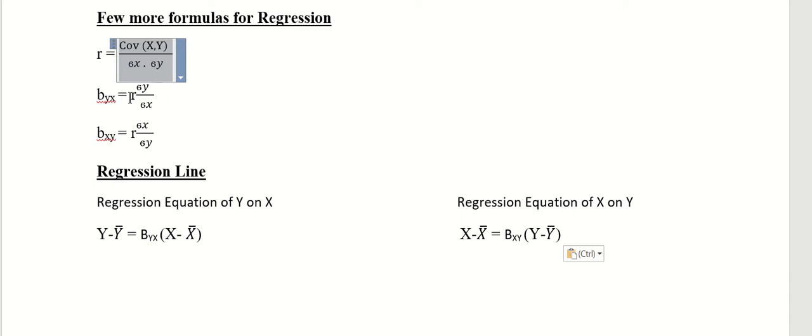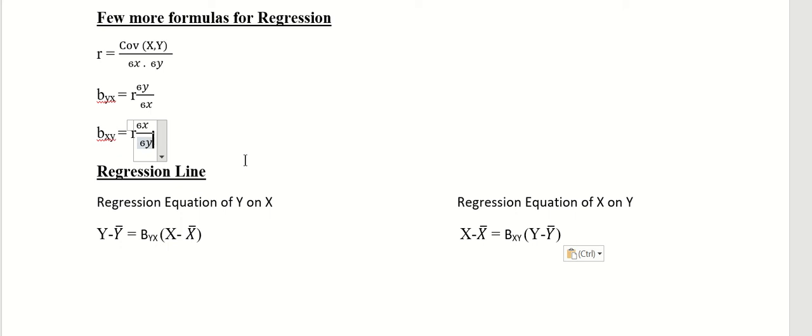R into standard deviation of y divided by standard deviation of x. This formula will get reversed if we want to calculate b x on y. When it is x on y, standard deviation of x will become the numerator and standard deviation of y will become the denominator.